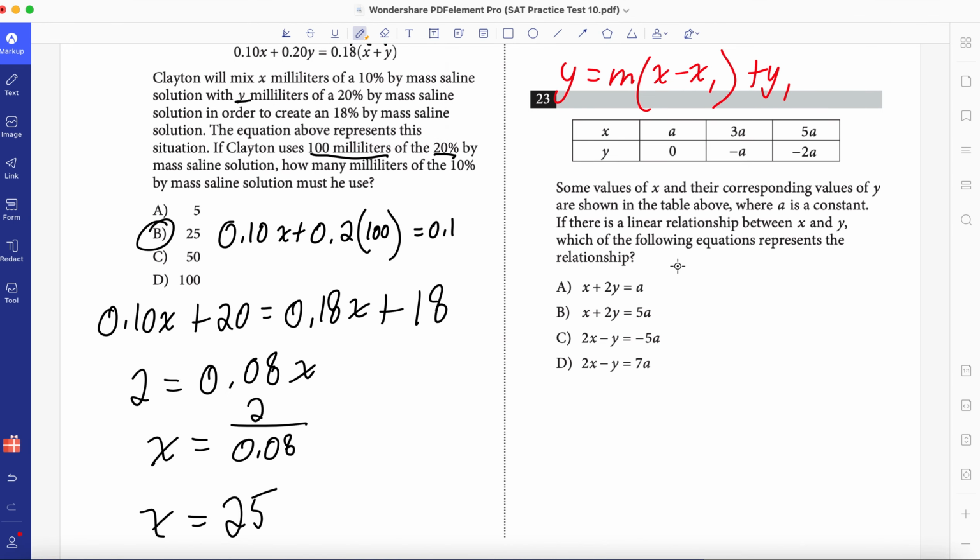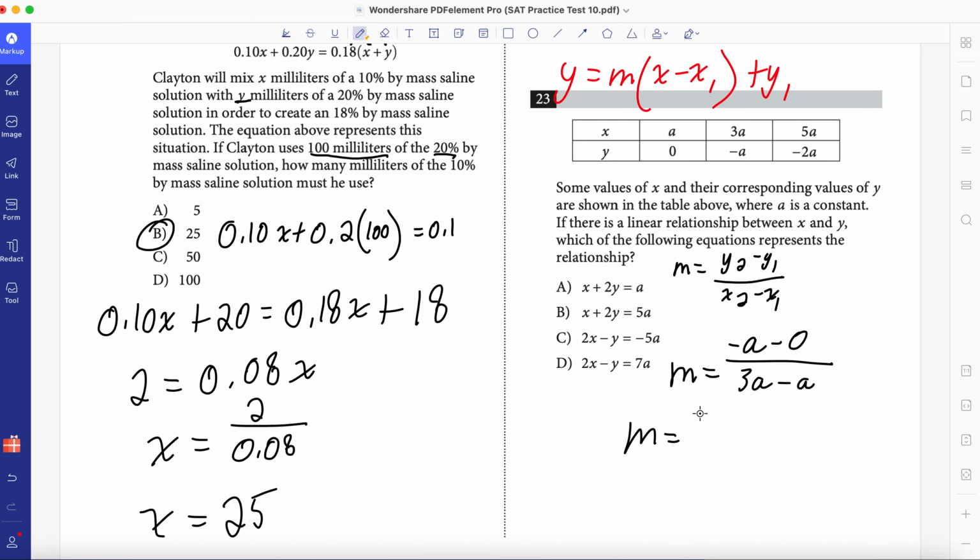And you can also write it as, you could bring the y1 over there, but this way, in my opinion, is easier. So if we want to find what this linear relationship is, first let's just find the slope. So we know that m is going to equal y2 minus y1 over x2 minus x1. So let's just use the point with 0 in it to make it easier. So negative a minus 0 over 3a minus a.